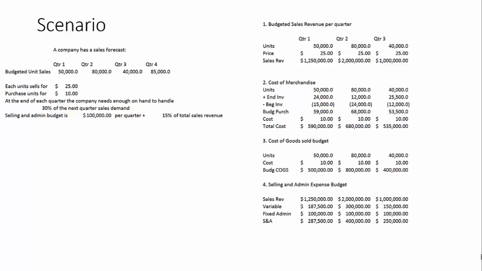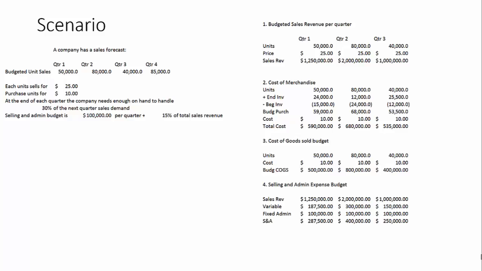The fourth item we'll be calculating is the selling and admin expense budget. So our sales revenue is $1,250,000 for quarter 1. We calculated that in part 1 of this exercise. The variable selling and admin budget is 15% of that total sales revenue. So 15% times $1,250,000 gives you $187,500.